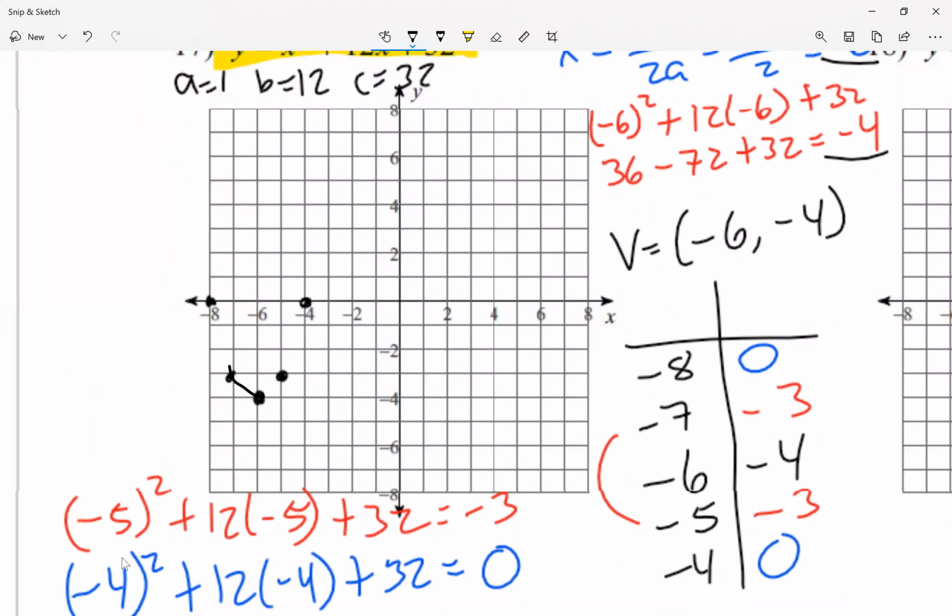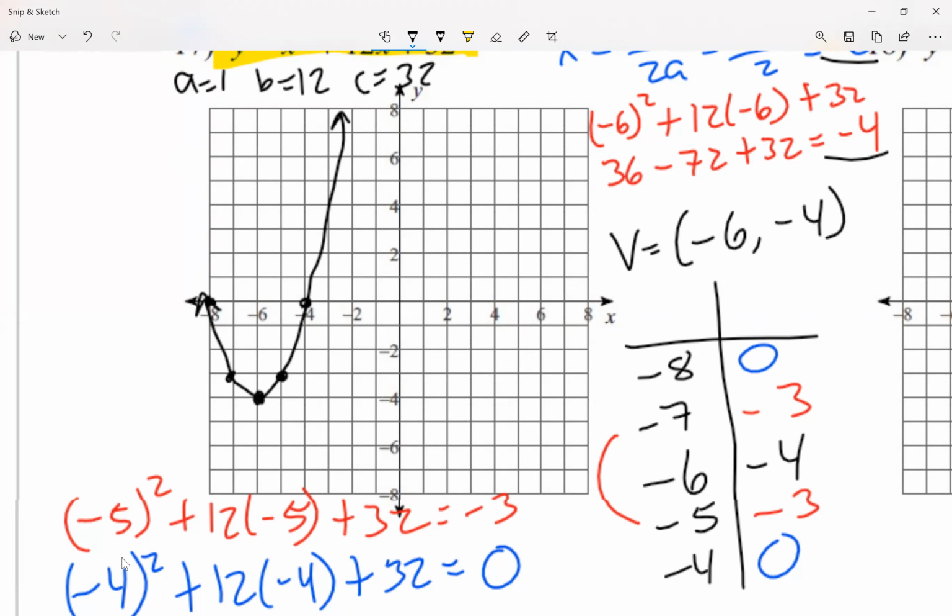All right, from the vertex to the left, well, I ran out of space, so I stopped there. From the vertex to the right, I'm gonna say keeps on going about here. And there. Because my A value was +1, I expected this to open up, and look, it is.